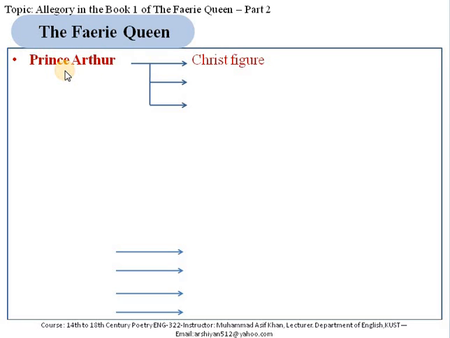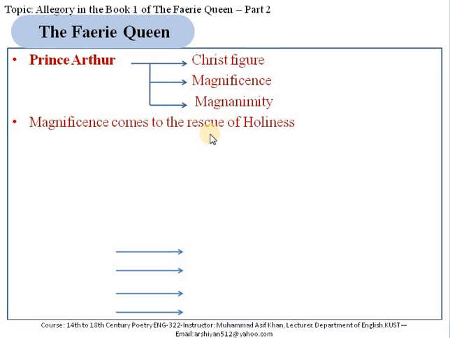So Arthur represents magnificence, and magnificence means the sum total of all virtues in their most perfect form, and this magnificence comes in the end to rescue holiness. Prince Arthur, or magnificence, attacks carnal pride in its firm stronghold, demolishes it completely, and liberates holiness from its captivity. So this is what Spenser meant by this allegory of Prince Arthur's fight with Orgoglio and the prince's victory over the giant.